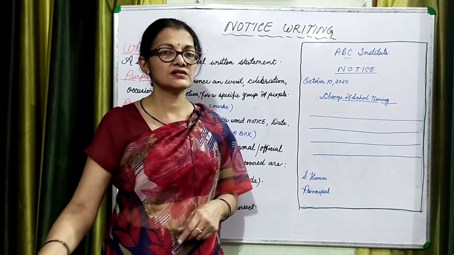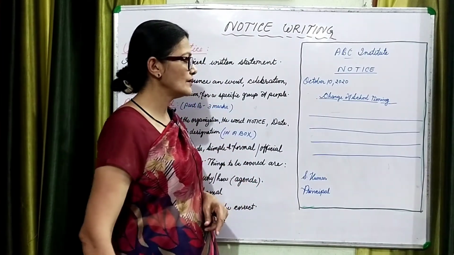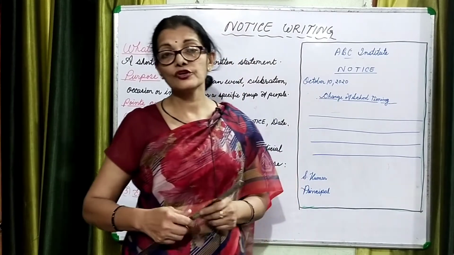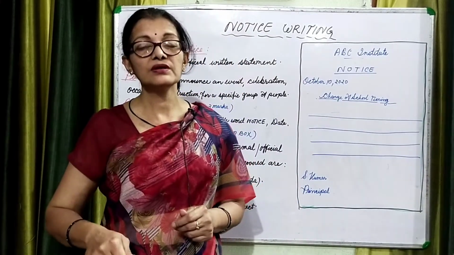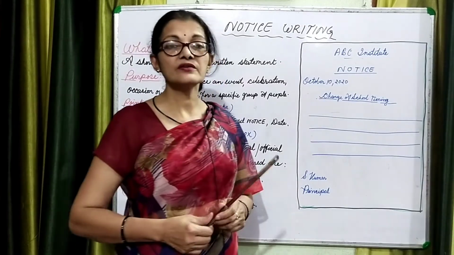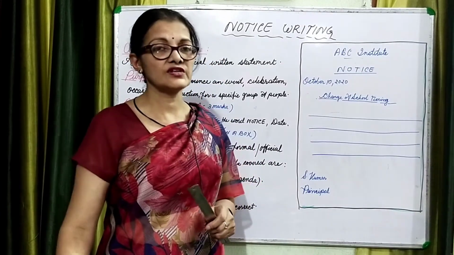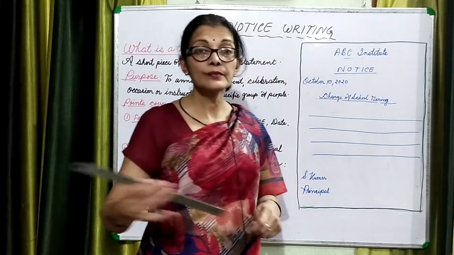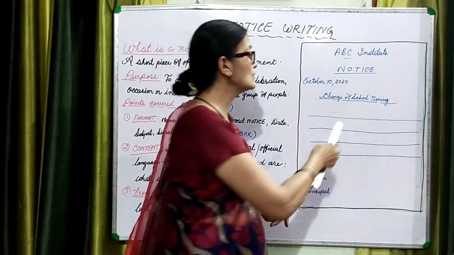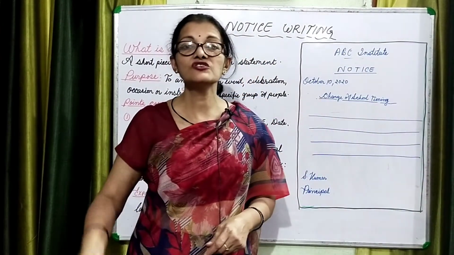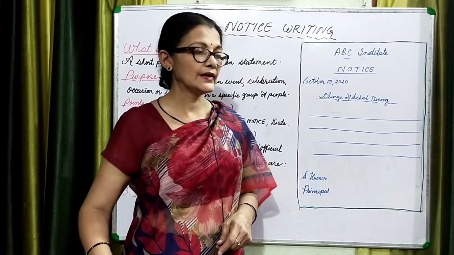Suppose this is a school notice informing the children about the change in school timing. Then we can make a simple and exact subject: Change of school timing. So whoever sees this knows what the notice is about. It is about the change of school timing.